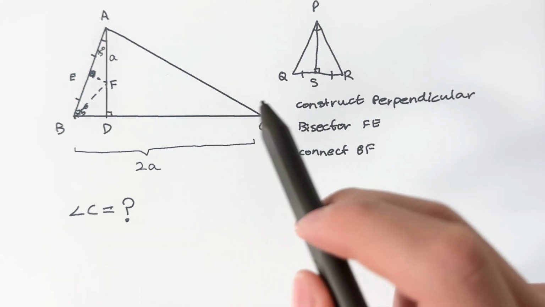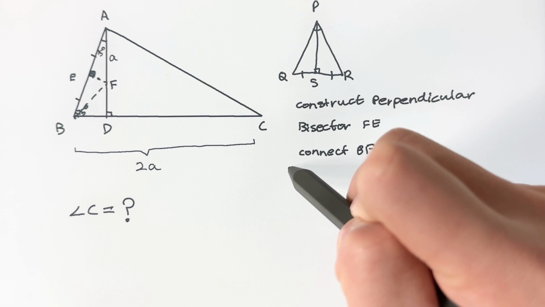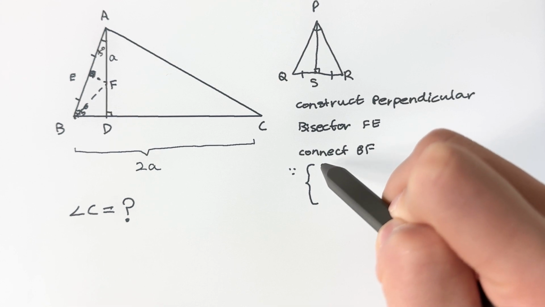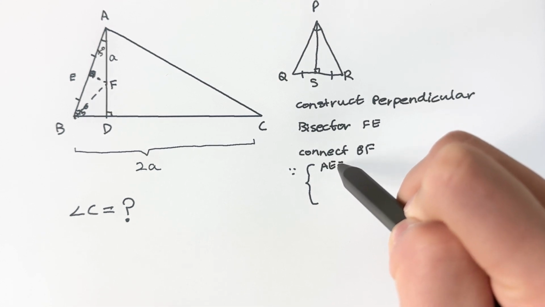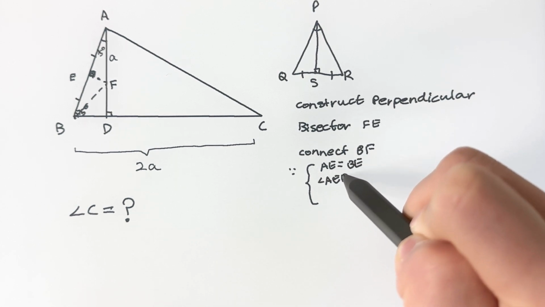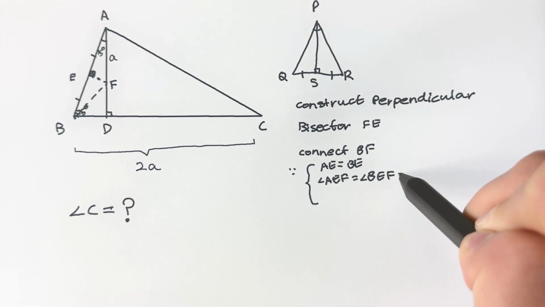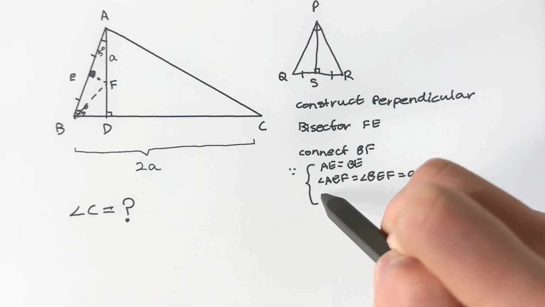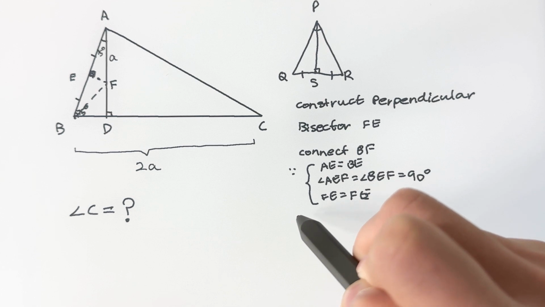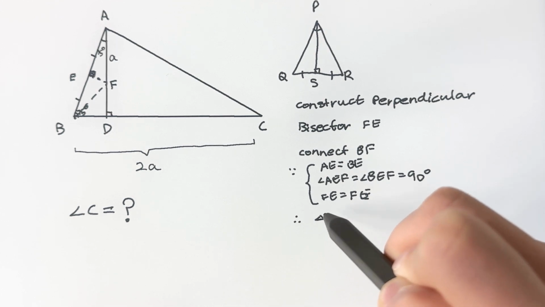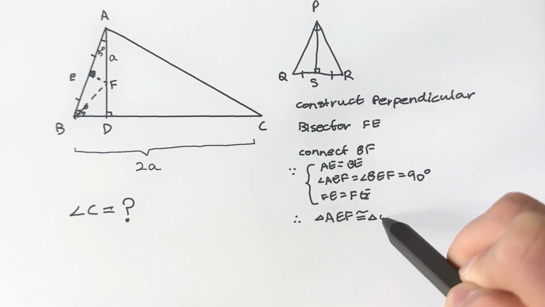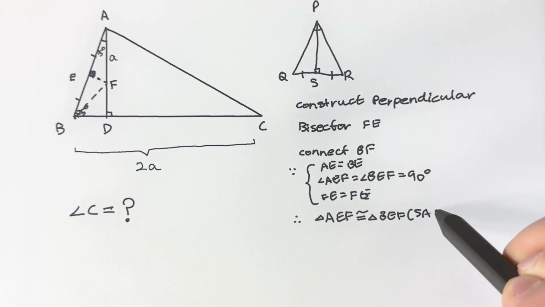We can do this by congruent triangles. So since AE equals BE, angle AEF equals angle BEF equals 90 degrees, and FE equals FE, triangle AEF is congruent to triangle BEF by SAS congruence.